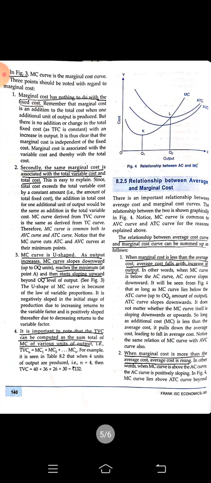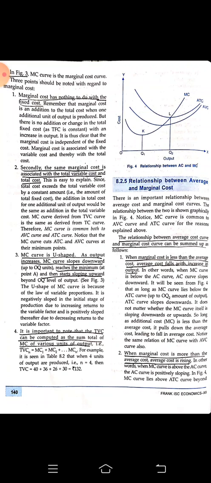So let us cut it short and have a look at the relationship between the average cost and the marginal cost. Here they are trying to again tell us two to three assumptions, but I would like to make it easy for you.